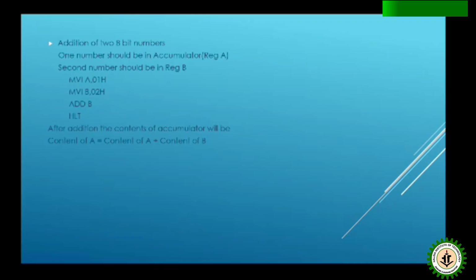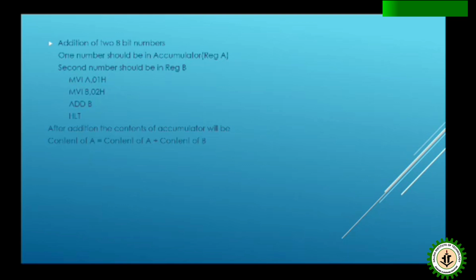So how much space does that program take? MVI A 01H: the MVI instruction is a 2-byte instruction. MVI B 02H is also a 2-byte instruction. So 2 plus 2, 4. ADD B is a 1-byte instruction, and halt is also a 1-byte instruction. So 2 plus 2 plus 1 plus 1.